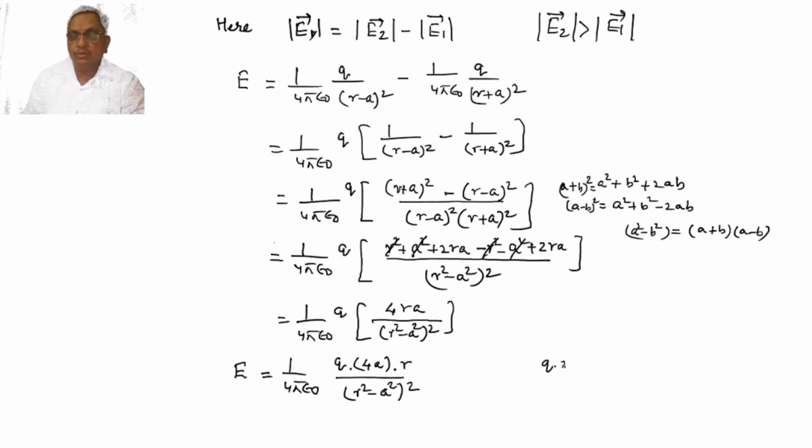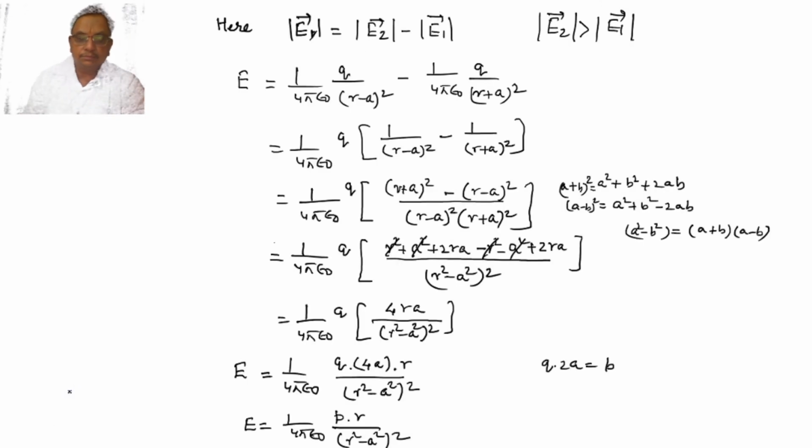Q into 2A is equal to P. So the formula becomes E is equal to 1 over 4 pi epsilon 0 2P into R over R square minus A square whole square.